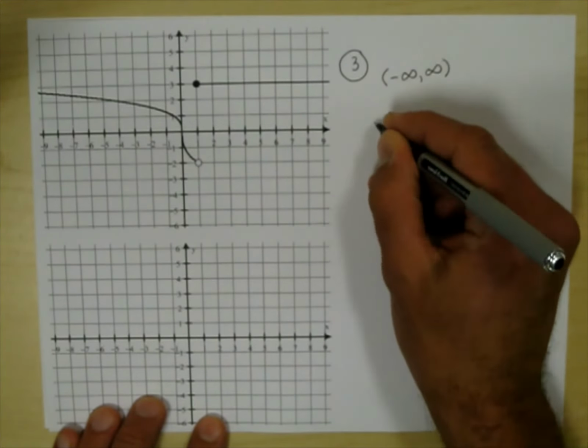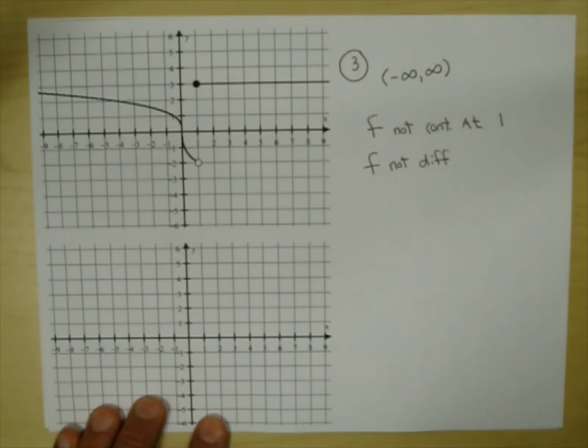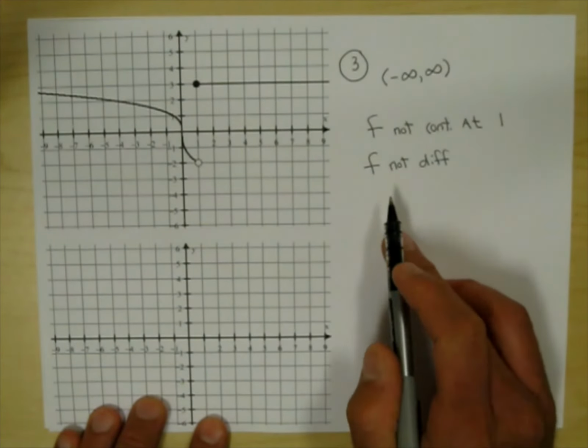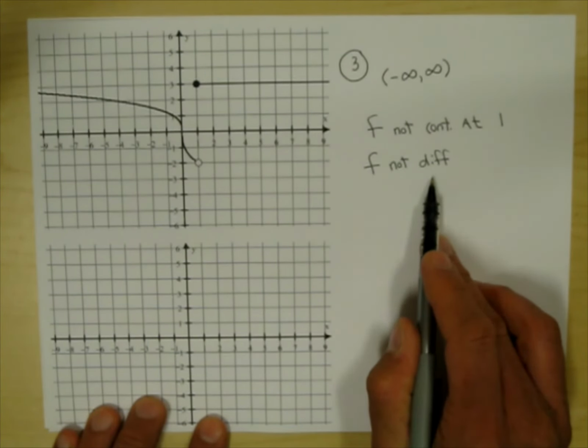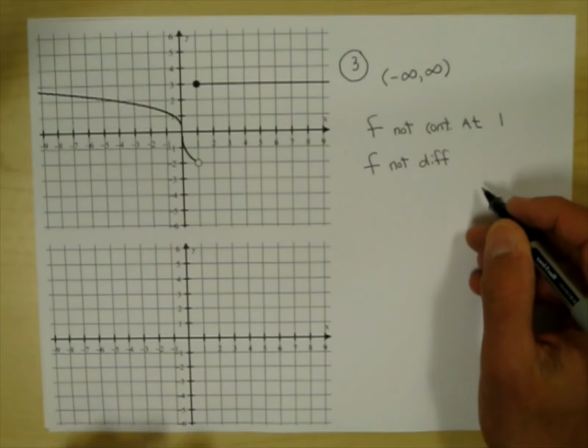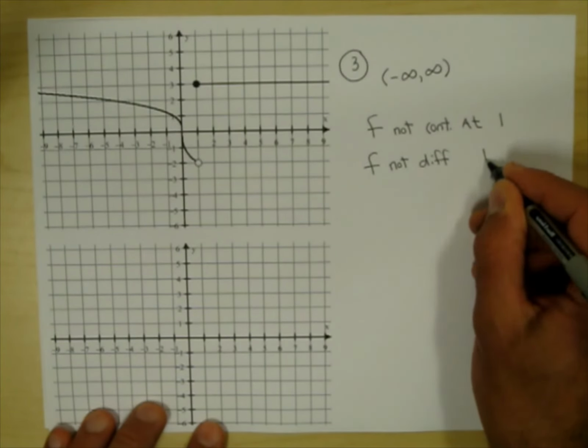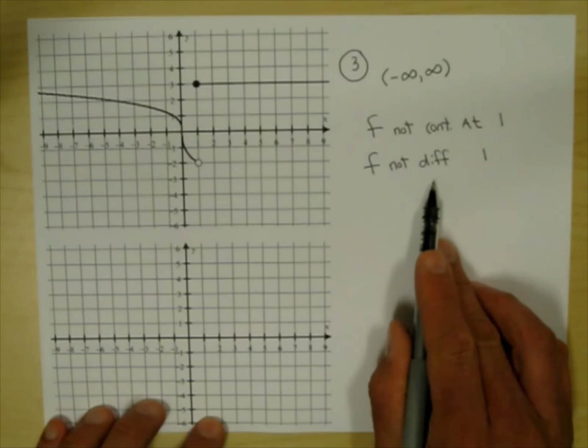Okay, what else can we say? What about differentiable? Where's f not differentiable? I believe on the first problem I was saying where f was continuous, but I think maybe it's better to say where f is not continuous in some of these problems. F is not differentiable at the discontinuity at 1, but there's another place where f is not differentiable.